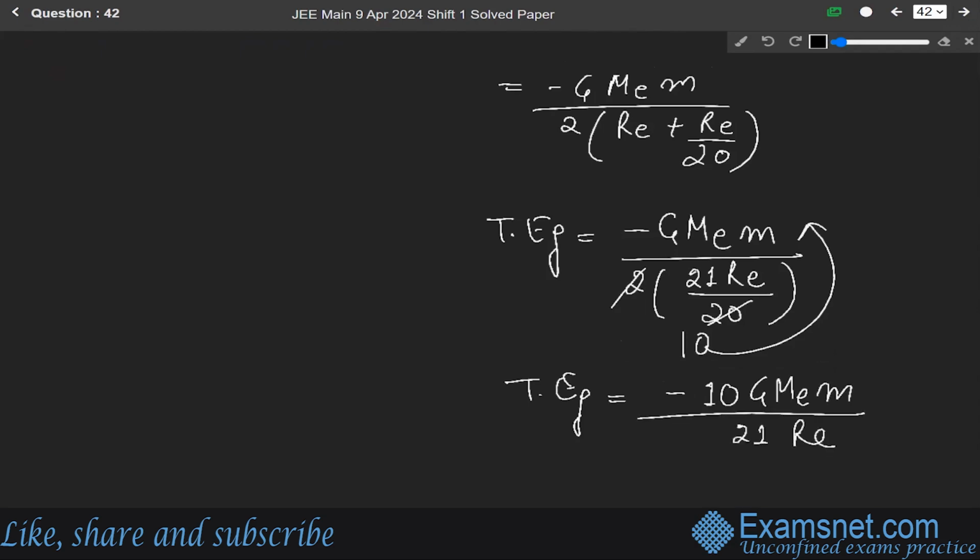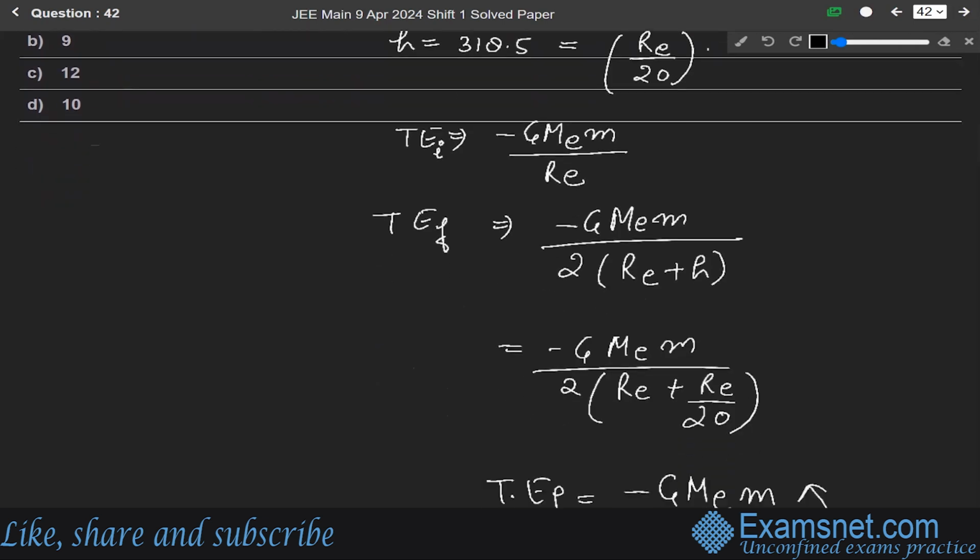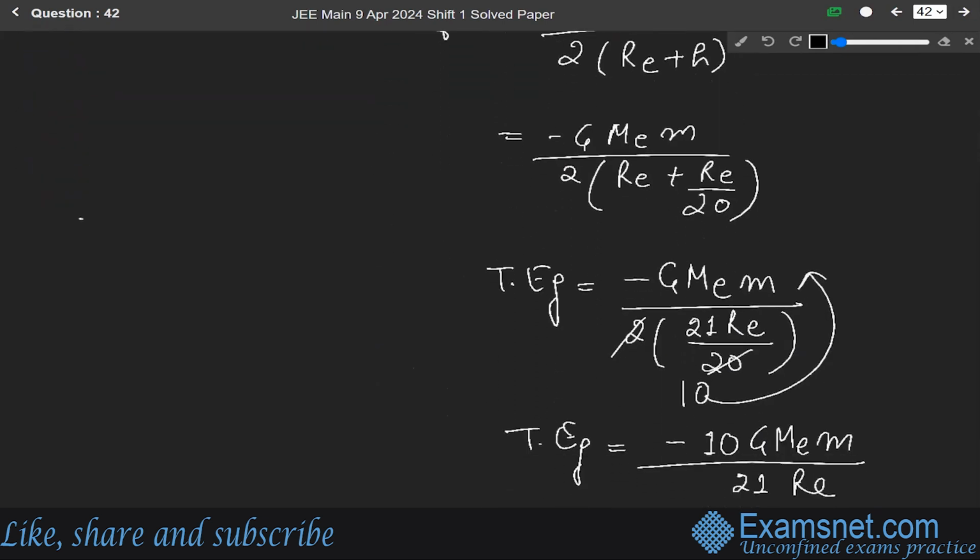Okay. So what we have to find is the change in the total mechanical energy of the ball. So change in the total mechanical energy will be final minus initial.